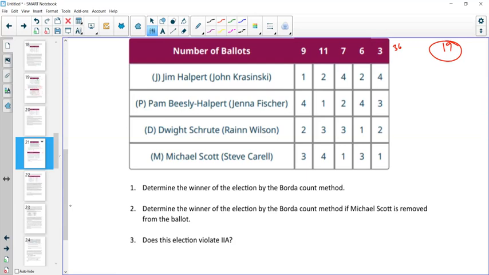By Borda count method, the 4s are 0 points. 3 is 1, so that's 9, 11, 7, 6, and 3. 2 is 2, so that's 18, 22, 14, 12, and 6.